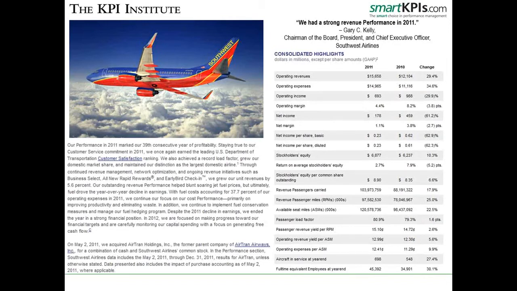One of the best practices generally is from Southwest Airlines. They have one of what I would call the most elaborated and transparent reports on their data, the data that they are analyzing.